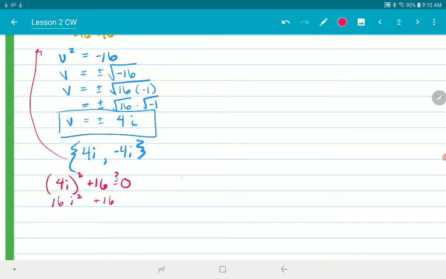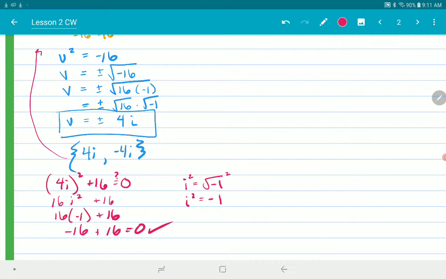I squared, remember i is defined as the square root of negative 1. So if I were to square that, then the square root and the square cancel, and I get i squared equals negative 1. So that means 16 times negative 1, which is negative 16. So that does equal 0 and checks.